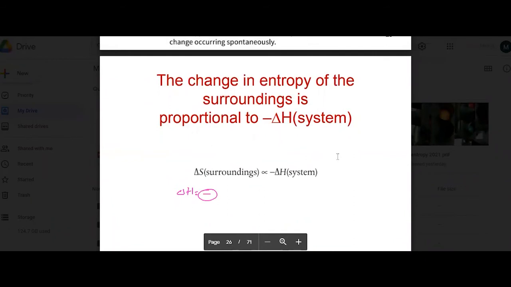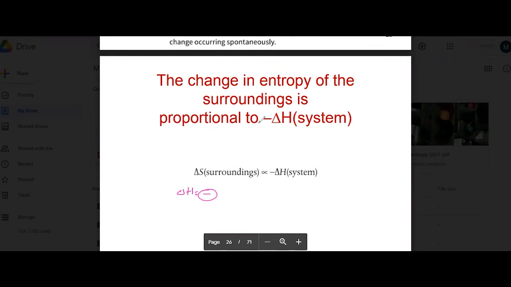But you can see here that there is a negative sign in front of the delta H. That means if the system releases energy, then the surroundings will receive energy, the opposite of the system's behavior. So that's why we give the negative sign in front of delta H.